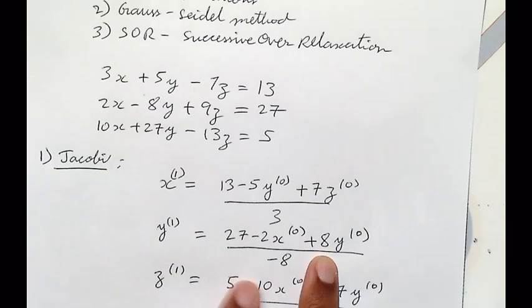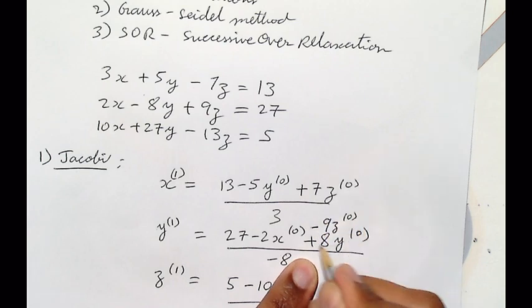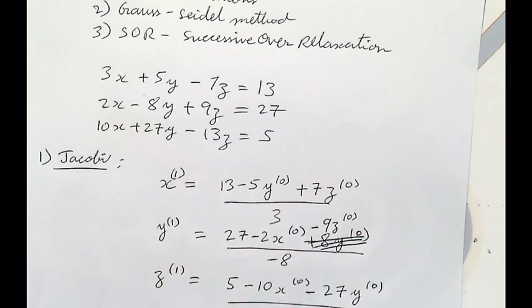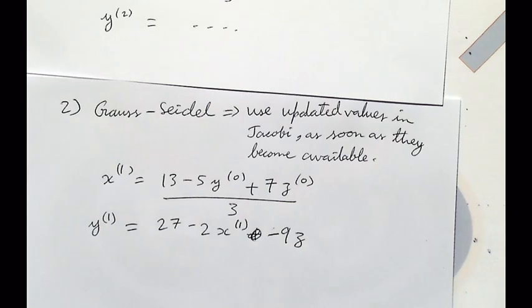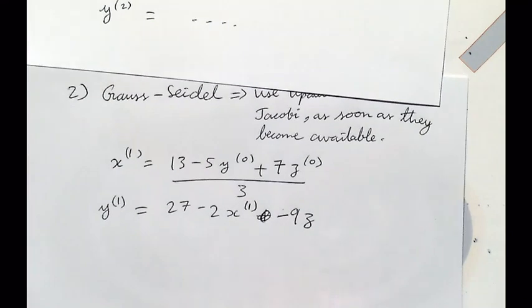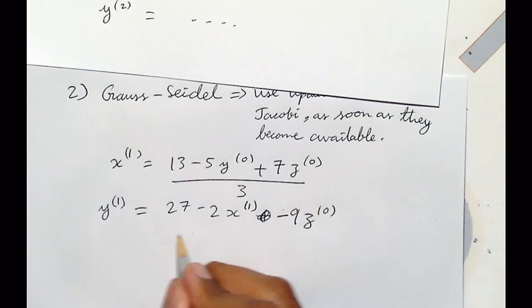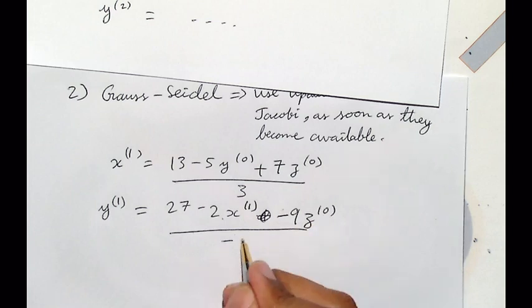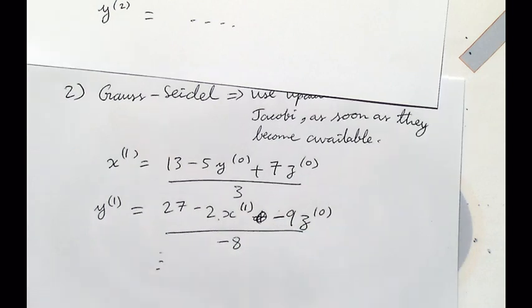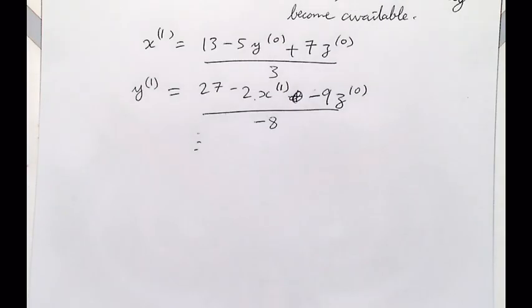So there's one problem here. Minus 9z. Okay, so minus 9, what? Z1 or Z0? Z0, yeah, because Z1 we have not computed. So things that are available we use, otherwise we use old values. And so on. That's it. That's Gauss-Seidel. I will show you the Wikipedia page on that.